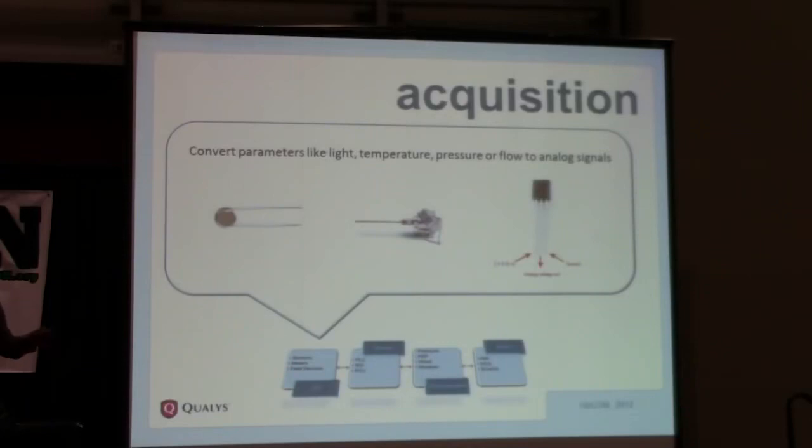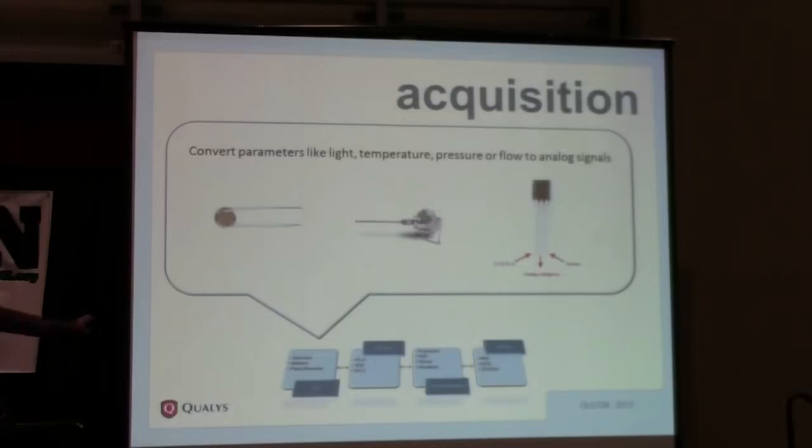Again, not all SCADA systems or ICS systems would be like that, but this is a general block diagram that more or less all systems comply with. The example I have here is a photo sensor, a pressure sensor, and a temperature sensor. So pretty okay till now. This is just data acquisition, where parameters like temperature, pressure, and flow get acquired.